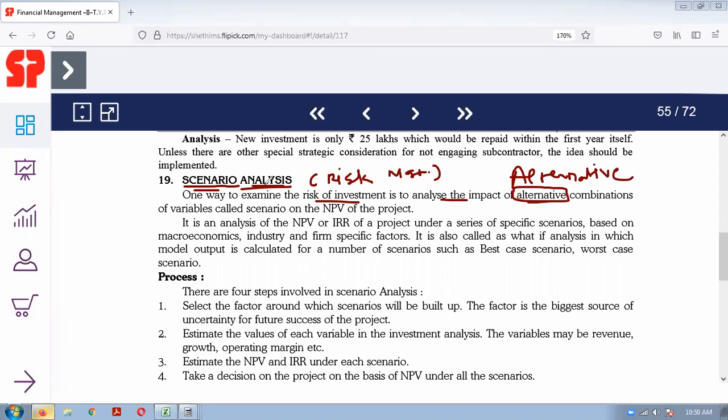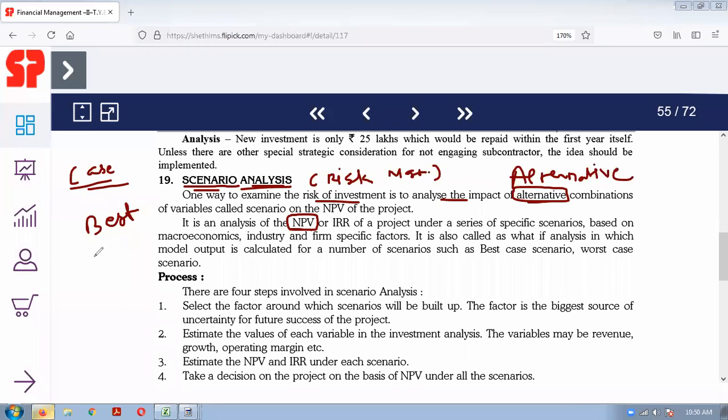So in scenario analysis, we will analyze the NPV of a project under three different situations. So in scenario, there will be three cases. Okay, what will be the NPV in the best case? If the situation is very best, environment situation, political situation, social condition in the country, economy are very good, what will be the NPV?